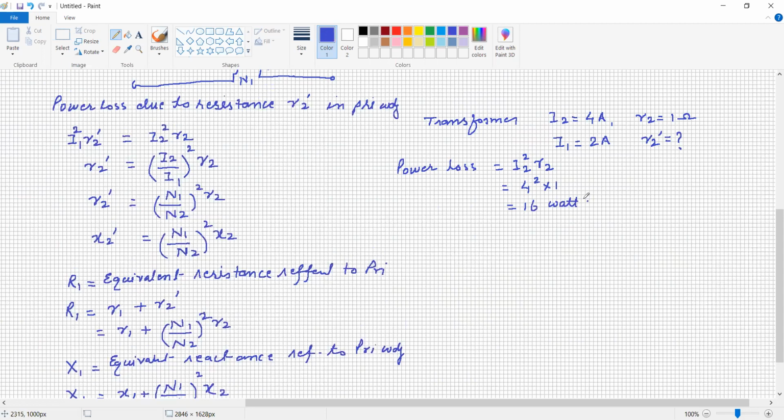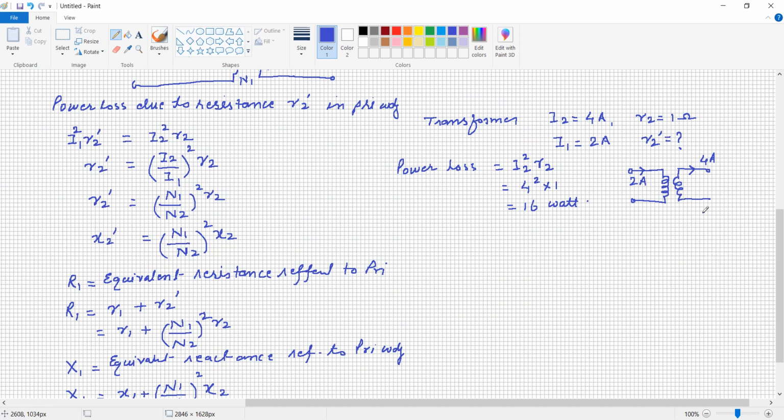Okay, now if you look at this data, here it is a primary winding, that is a secondary winding. So the current is 2 ampere here and 4 ampere here. Definitely it means that here the number of turns will be more and here the number of turns will be smaller.